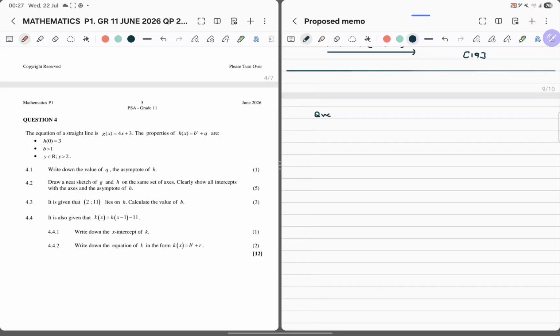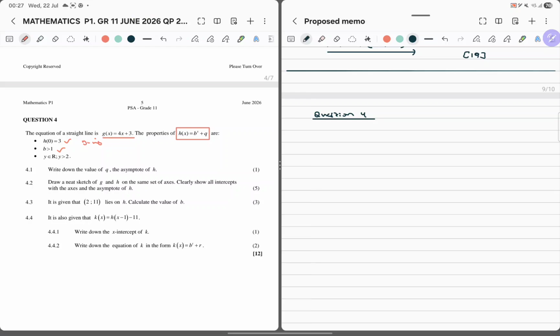So question 4. We're told here that the equation of a straight line is given by this, and the properties of an exponential equation are that h of 0 is 3. What does that mean? Y-intercept. The value of b is greater than 1. So what do we know?